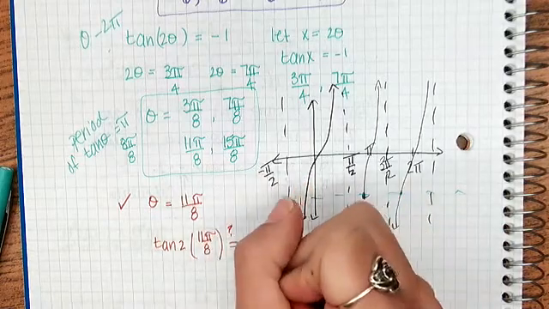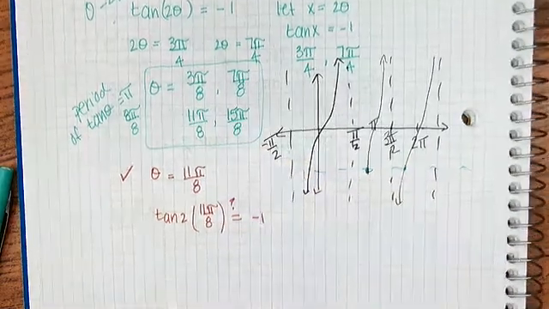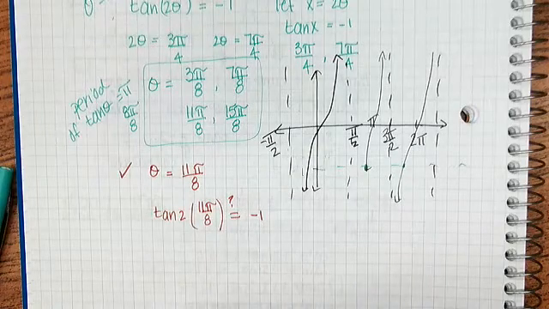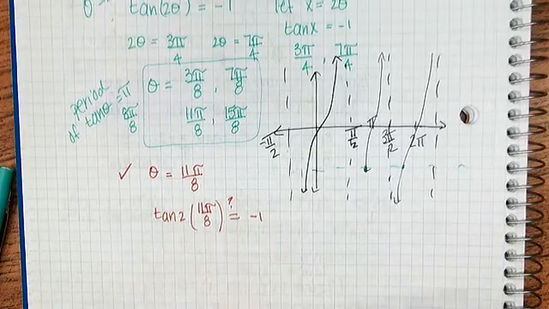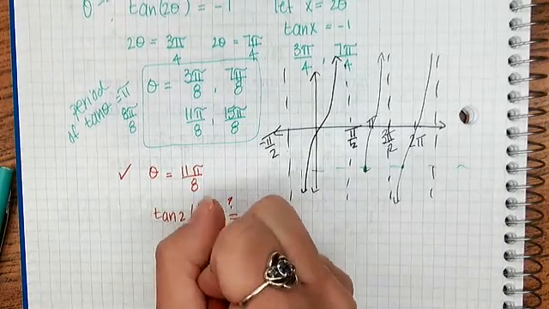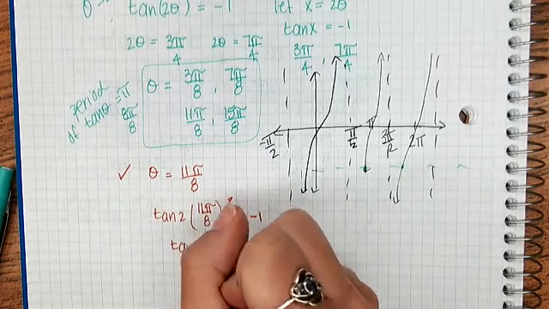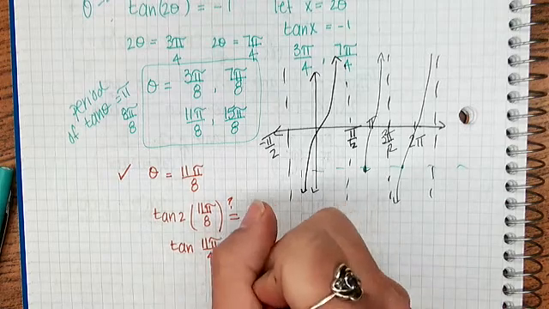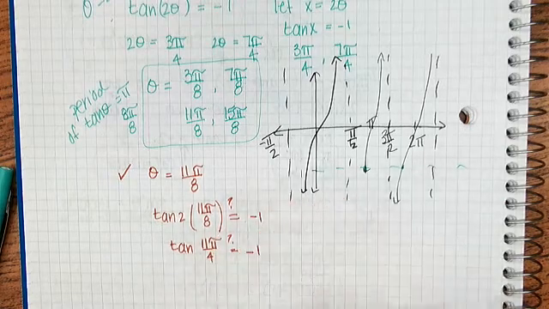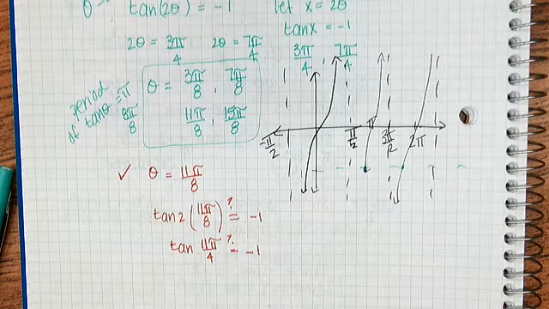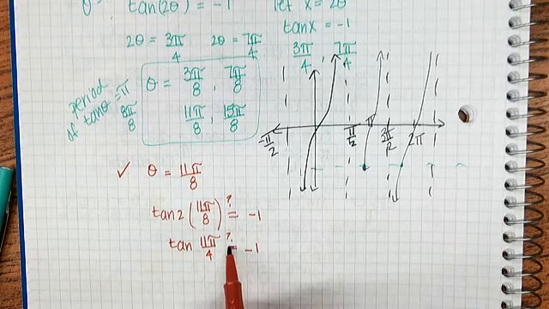Does that equal -1? Okay, well, 2 times 11 pi over 8 is 11 pi over 4. Is the tangent of 11 pi over 4 -1?